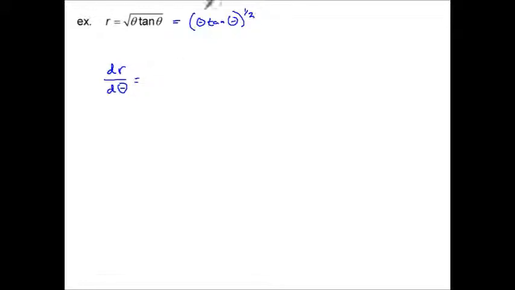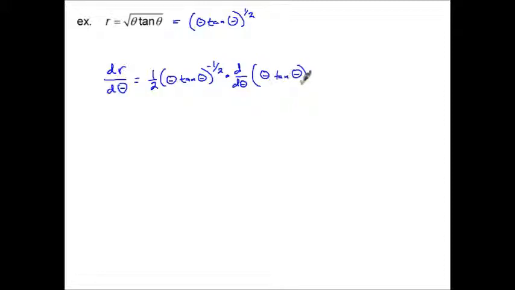The 1/2 jumps in front. Then this thing just sits right where it is, tangent theta, and it drops down to the -1/2 power. But now I have to take the derivative with respect to theta of theta tangent theta.